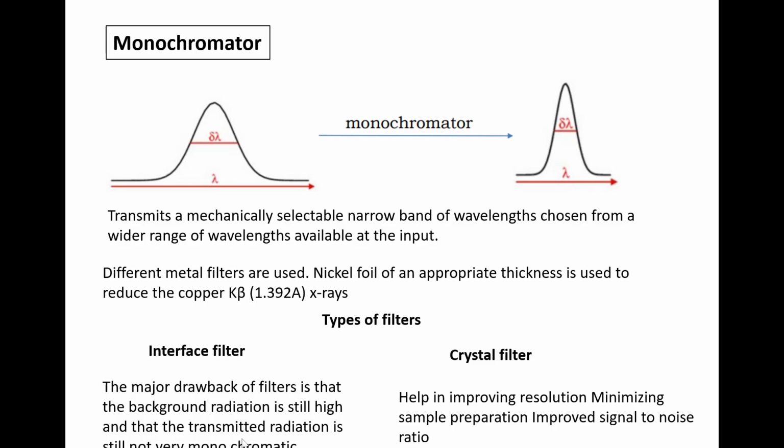The major drawback of the interference filter is that the background radiation is still high, and the transmitted radiation is still not very monochromatic. So the noise using an interference filter can be minimized, but only to a level.